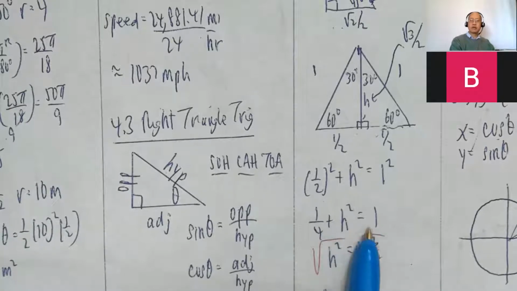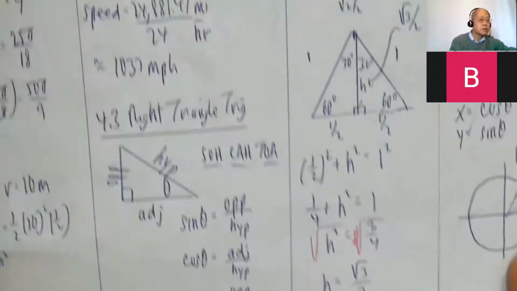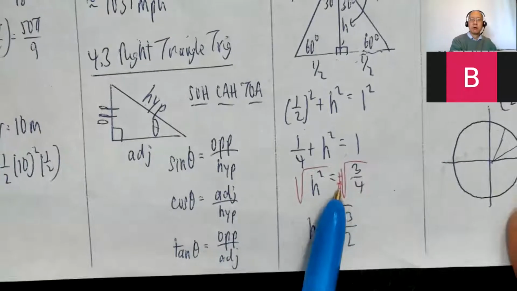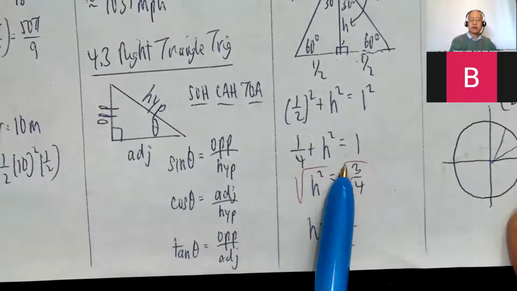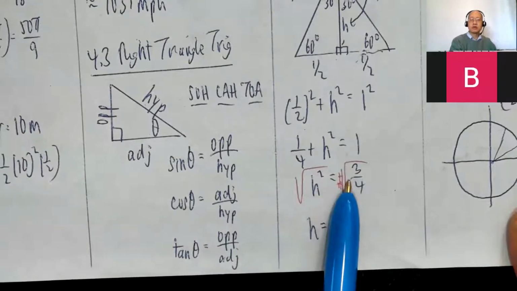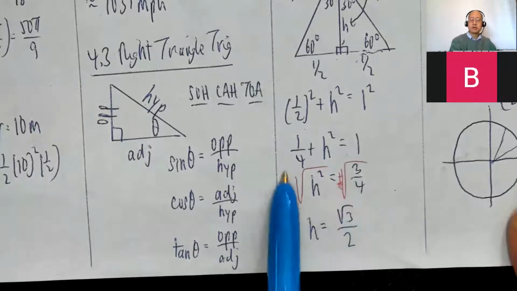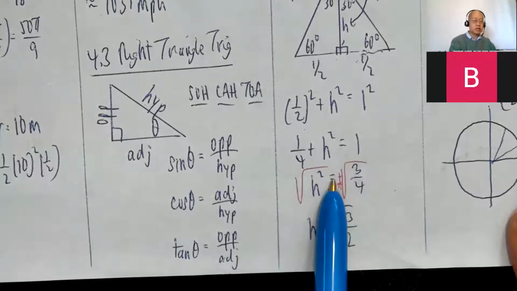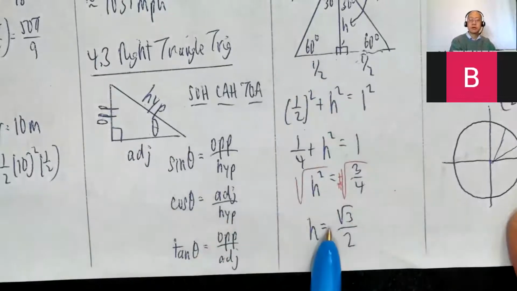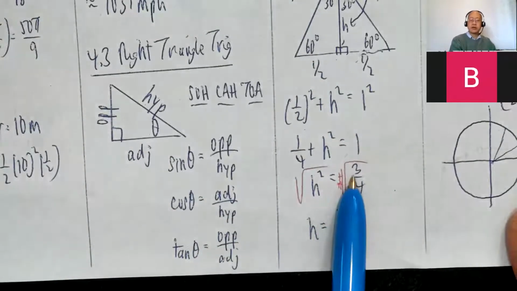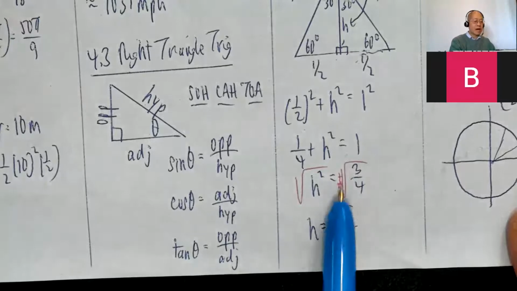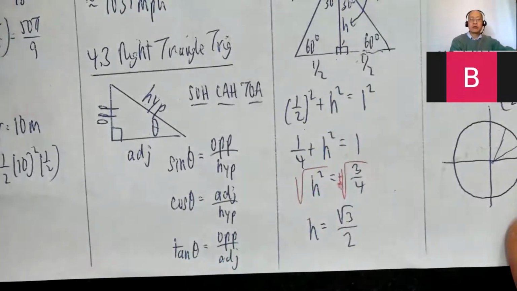So 1/4 plus h squared equals 1. Subtract 1/4. H squared equals 3/4. Square root, square root. Don't need a plus or minus. These are all distances. Square root of 3, just leave it alone, but the square root of 4 is 2. So the height of this triangle is radical 3/2.